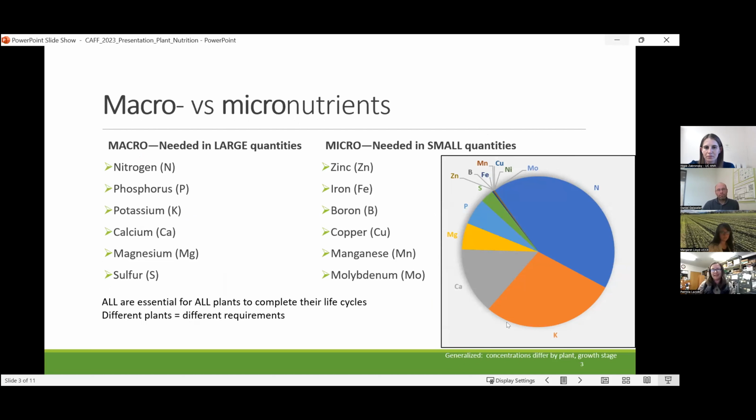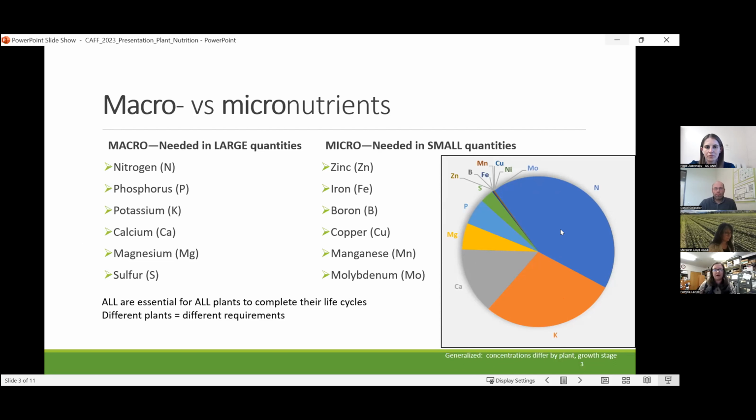This graph on the right just gives an idea of the proportion of different mineral nutrients in a plant. Of course, it will differ by the plant and by the growth stage, but you can see nitrogen and potassium are a huge proportion of the mineral nutrients that the plant's taking up. Calcium, magnesium, phosphorus, and sulfur are the other big six, the macronutrients, and only making up a tiny proportion are the micronutrients: zinc, iron, boron, copper, and so on.